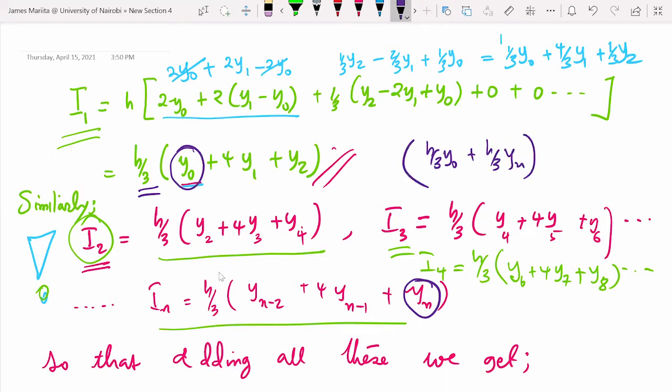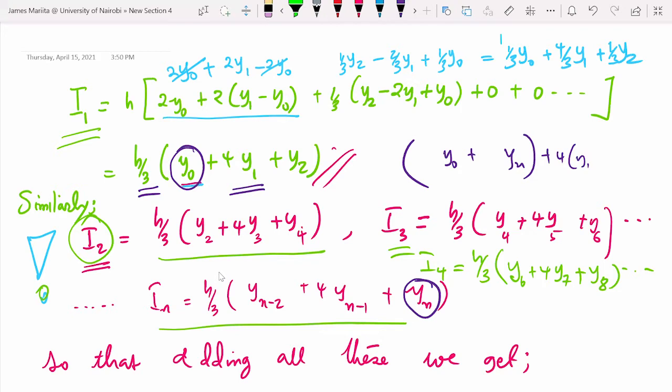That's the first one. Then for y1, there is 4y1, there is 4y3, there is 4y5. So there is plus 4 times, we start from y1. Of course, we can factor out h over 3, because in all the situations, there is going to be h over 3.